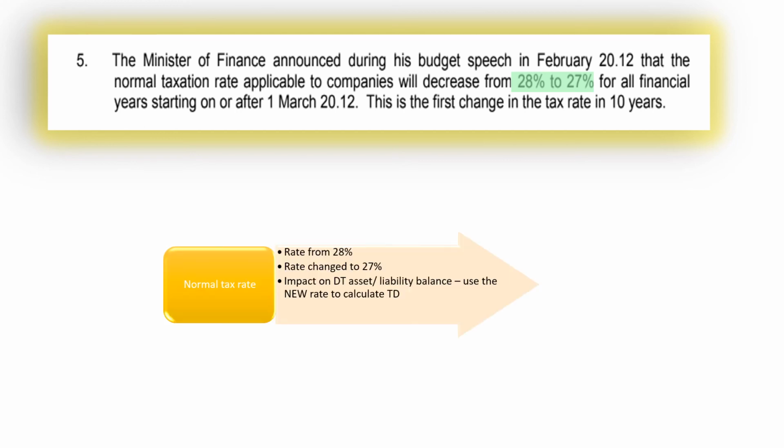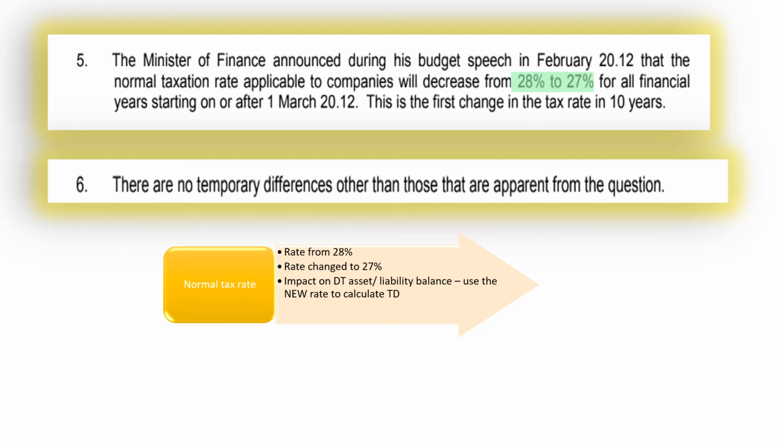We have a rate change. So the rate is changing from 28% and going to 27%. Bear in mind that when you're going to calculate temporary differences, you will need to use the new rate, and also the rate change will have an impact on our deferred tax asset and liability calculations.